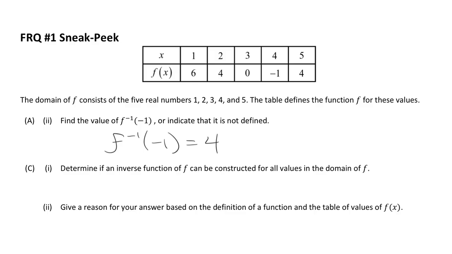Remember, to make an inverse, we have to look at the outputs and make sure that all of those are unique. To ask if it's a function is looking at the x's. To ask if its inverse is a function, it's looking at the outputs. So because we notice this, we're going to say no. An inverse cannot be constructed.